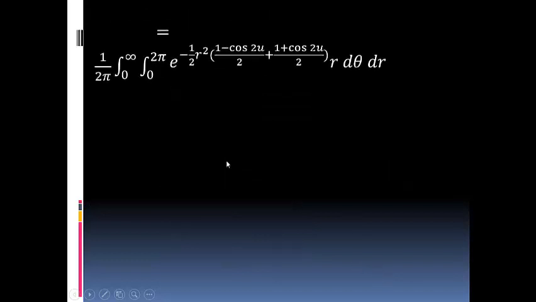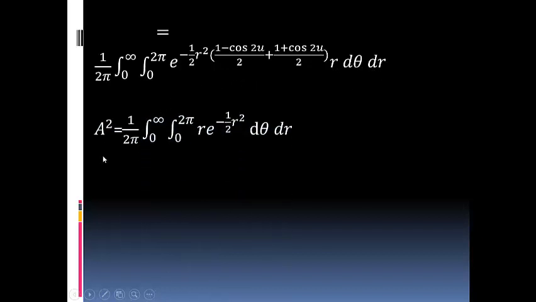Then we get 1 over 2 pi times the double integral of e to the negative 1/2 r squared times ((1 minus cos 2 theta) over 2 plus (1 plus cos 2 theta) over 2) r d theta dr.